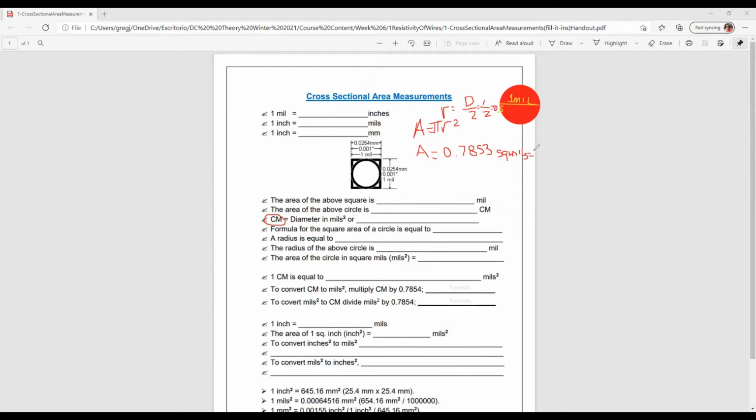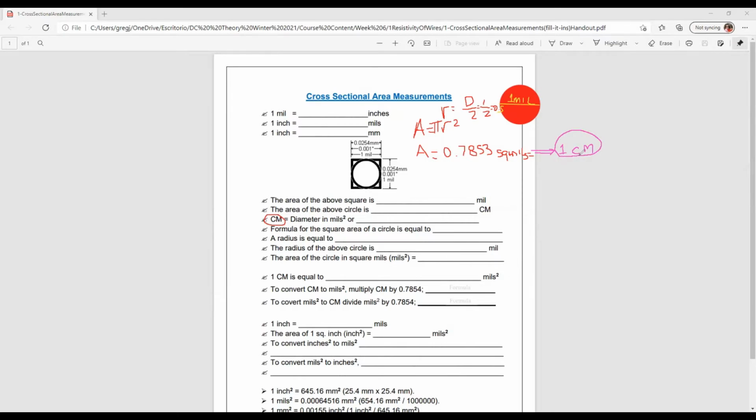If you don't have any question, let me tell you guys that from here on, every time that we have 0.7853 square mils in a rounded conductor, we are going to say that we have 1 circular mil. And that's where the term circular mils comes from.